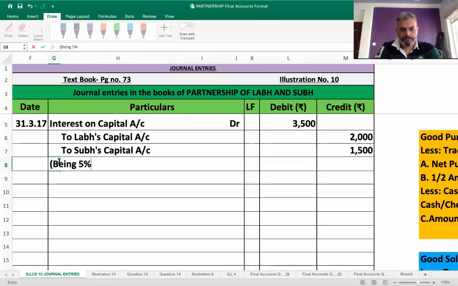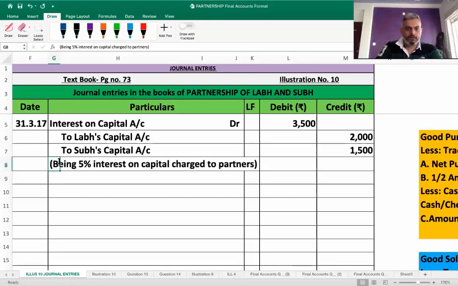Being 5% interest on capital charged to partners. Close the entry.